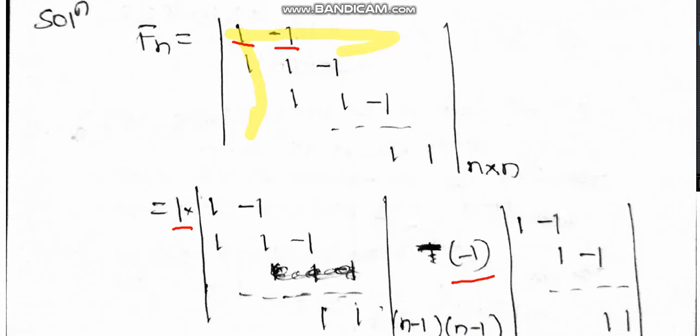And for the second term, what will you be having? For the second term, you will be leaving this column and this row. You are left with what? 1, minus 1, 1, minus 1, and this 1, 1 remains from the previous one. And hence the size of the matrix is again n minus 1 into n minus 1. So again taking the cofactors.